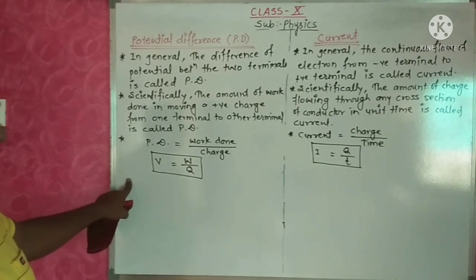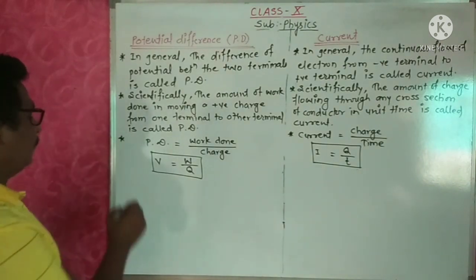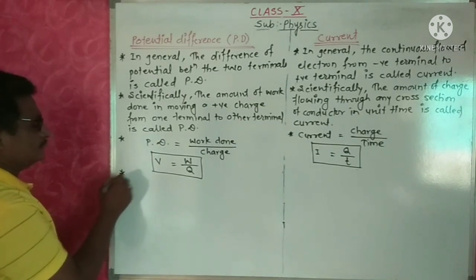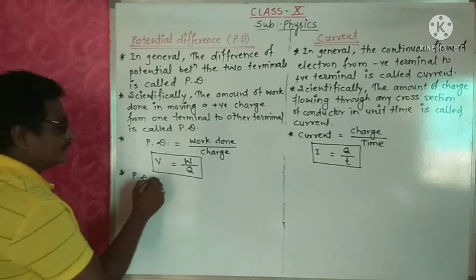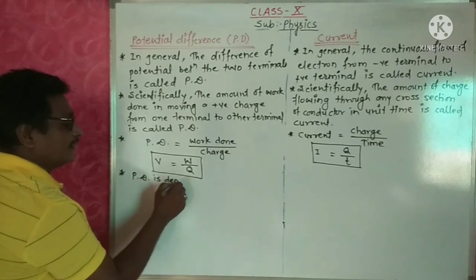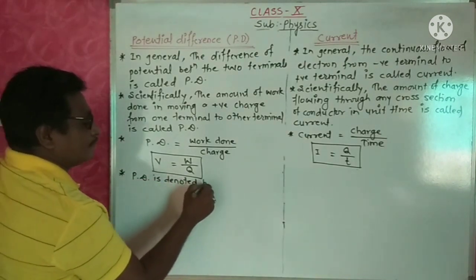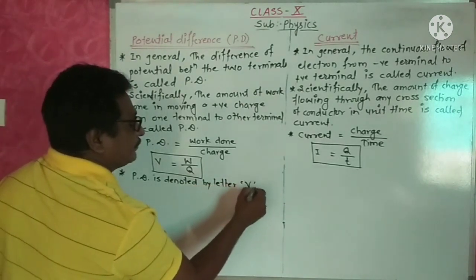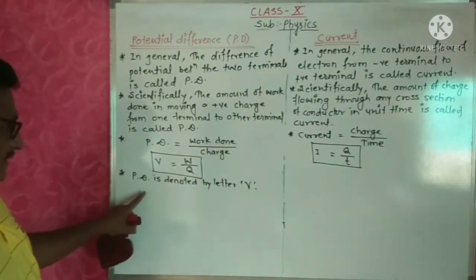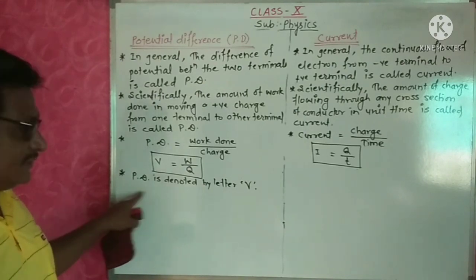Understood the third point? Now fourth point, potential difference is denoted by letter V. Which letter is used to denote the potential difference?